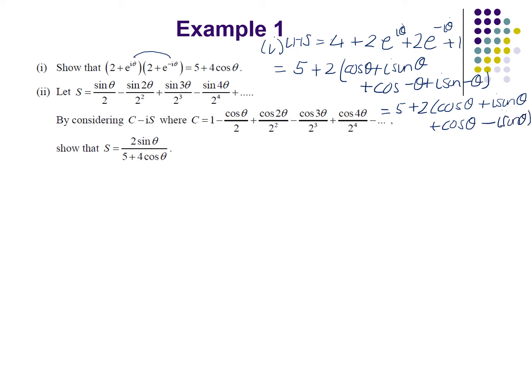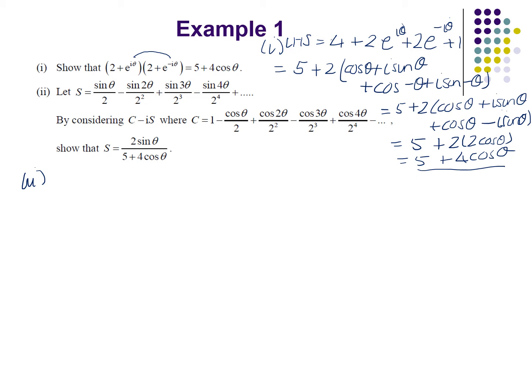And that is going to give me the bit that I want, 5 plus, well, you end up with 2 lots of cos theta. I'll put it in a couple of steps to show nice and clearly where it comes from. So that's the first part of the question done, and we're going to make use of that in the second part of the question.